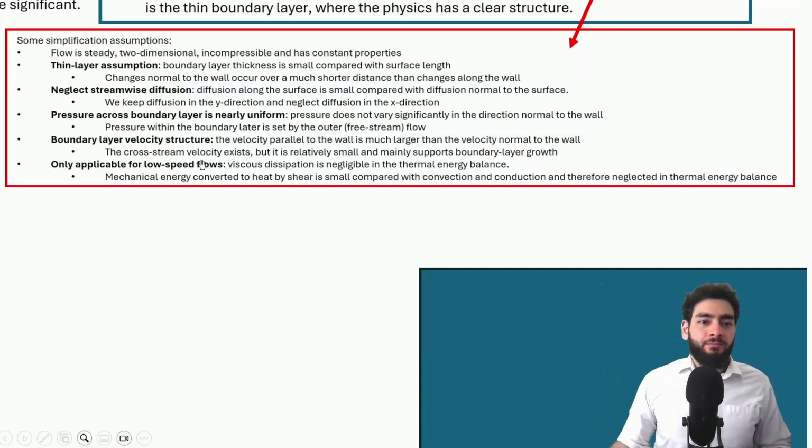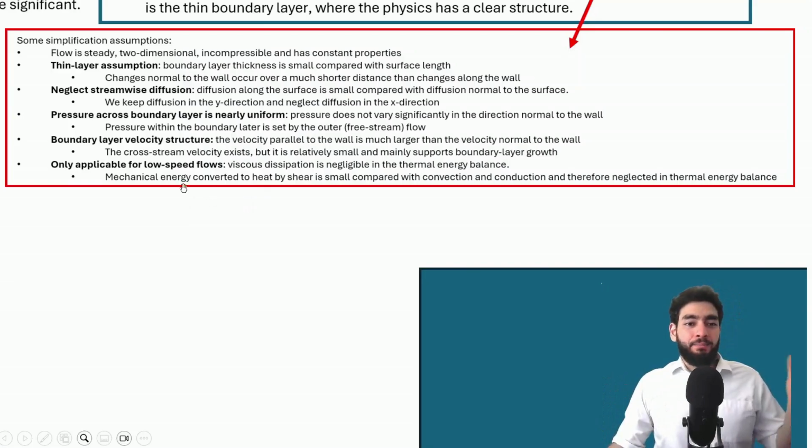And so the cross-stream velocity exists, but it is relatively small and mainly supports boundary layer growth. And this is only applicable for low speed flows, which is that viscous dissipation is negligible in the thermal energy balance.